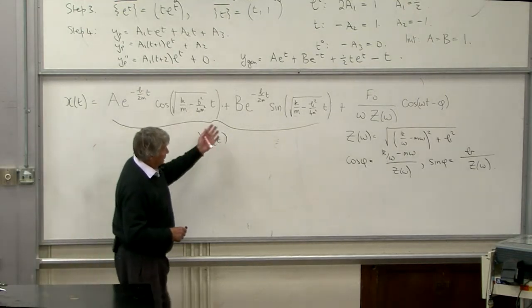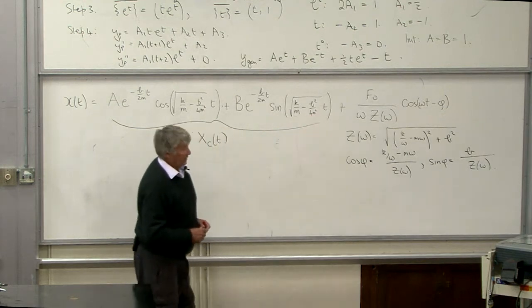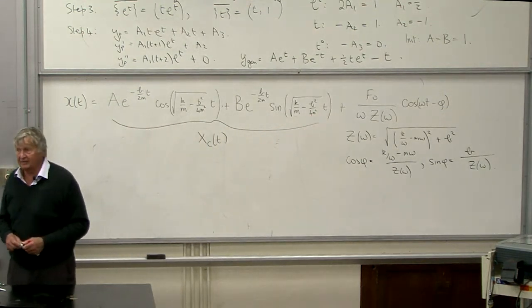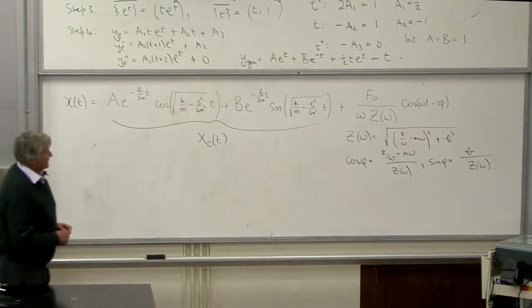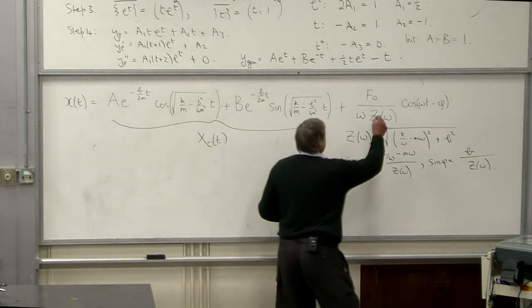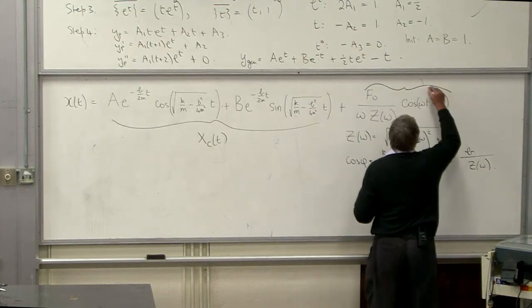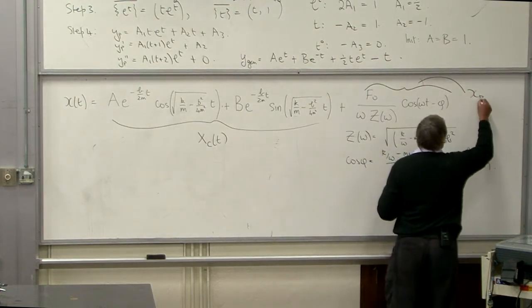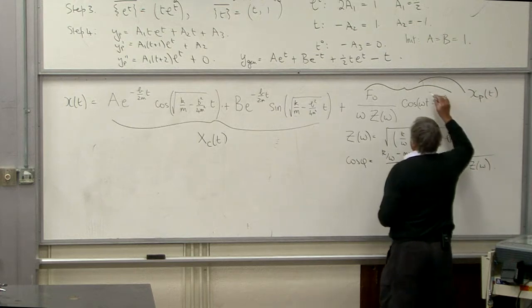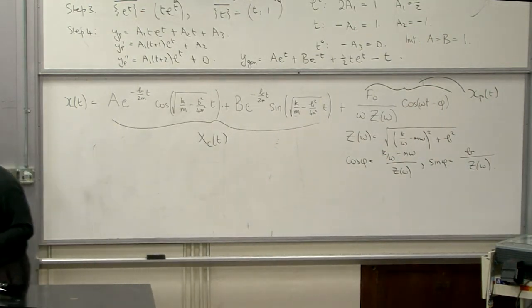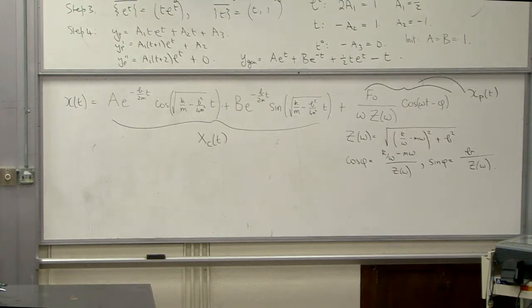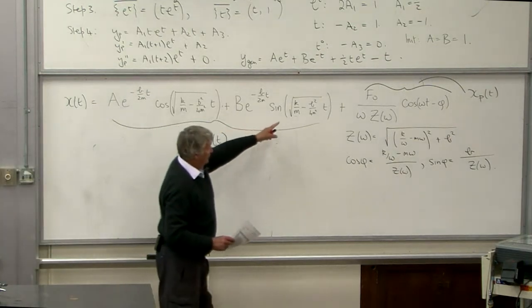I suppose it complements the term that survives in time, the term that doesn't get damped. This is often denoted as x_p of t. So the general solution consists of two parts. One part is the solution of the homogeneous equation.